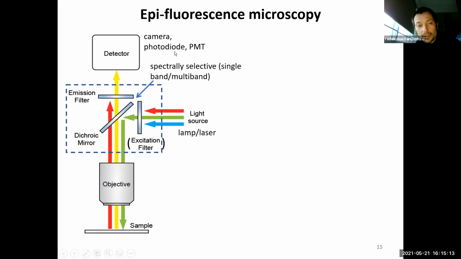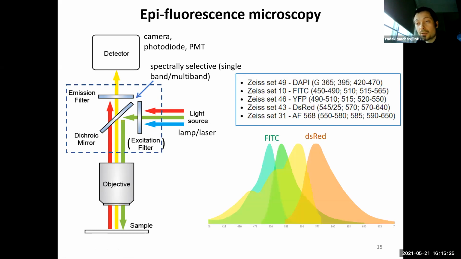So now, of course, the selection of these dichroic mirrors and these filters is an important step in designing an imaging experiment and has to be selected according to my fluorophores.